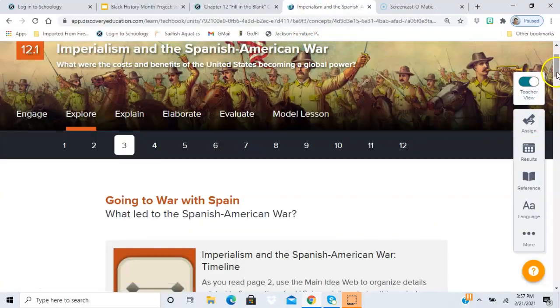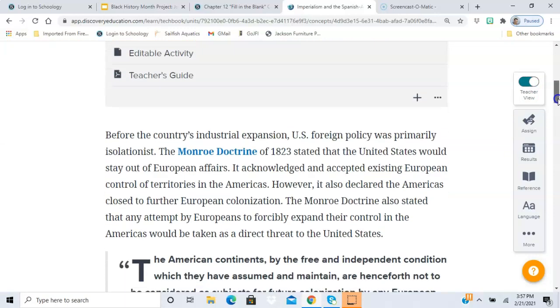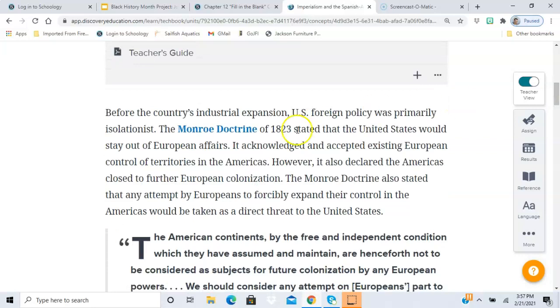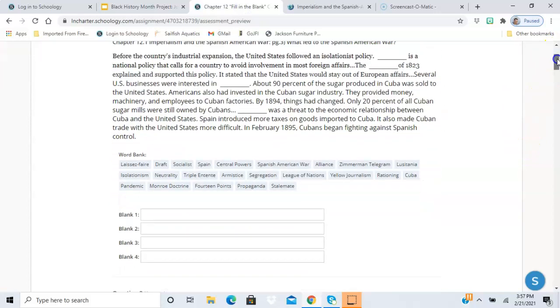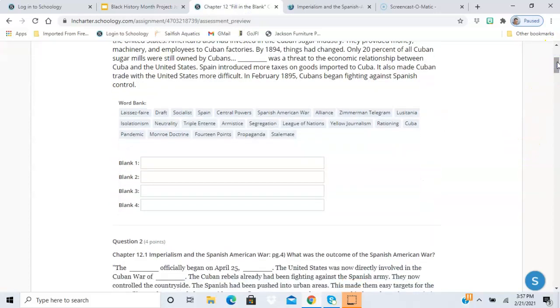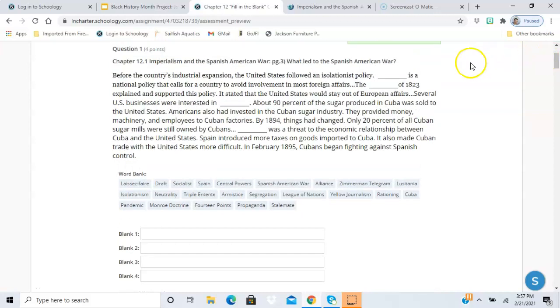So if I scroll down, so you can kind of read, this very first paragraph is basically what I just read to you. So we go back to the fill in the blank, and you get a word bank. And you basically have to put in what is the first blank.